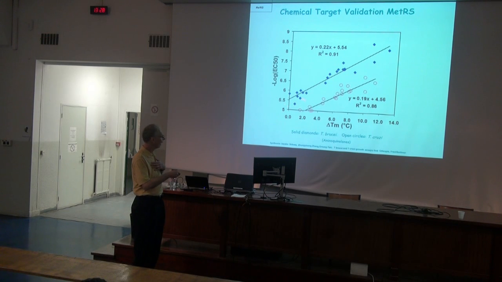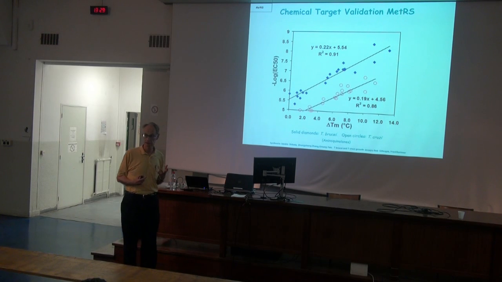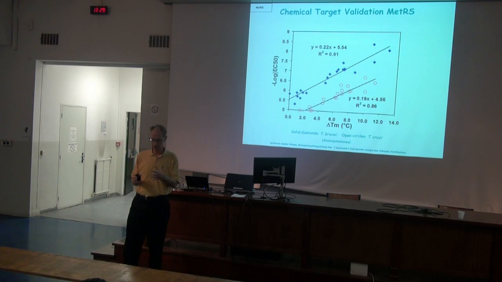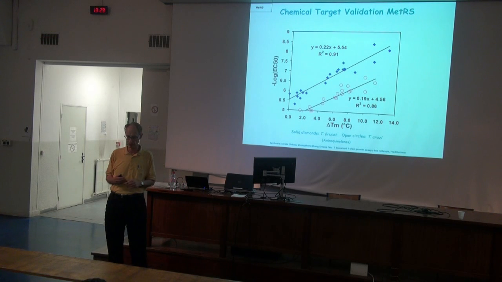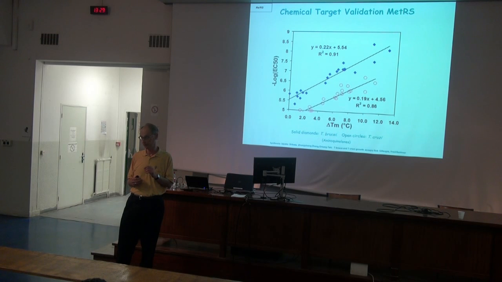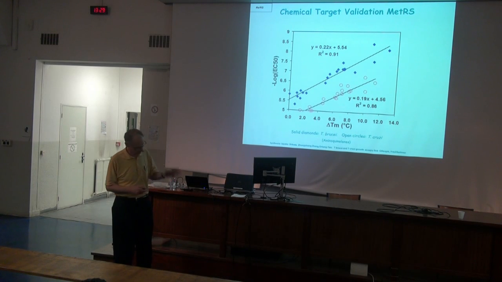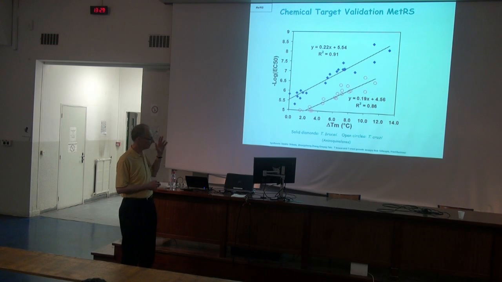Here we have every symbol in black is a different compound, the blue one. And this is the thermal shift. So that is the degree by which the compound stabilizes the thermal stability of a protein. And the tighter a compound binds, the more stable the protein becomes, and the melting temperature goes up.